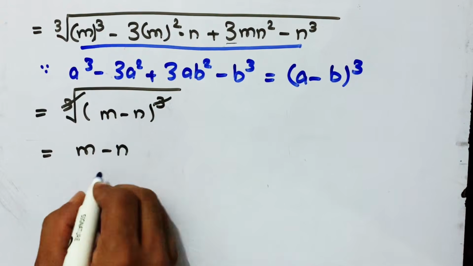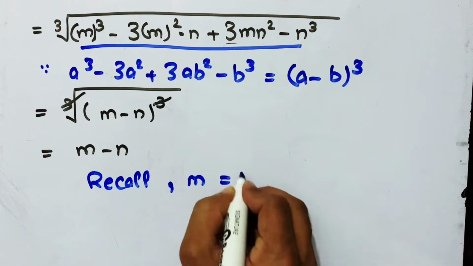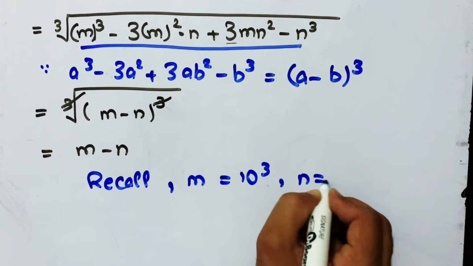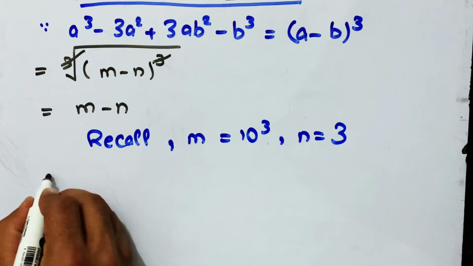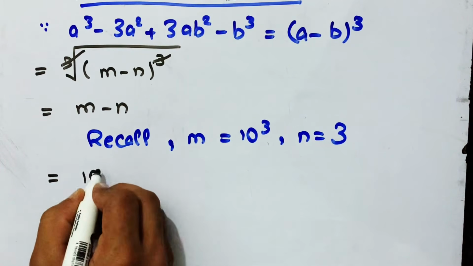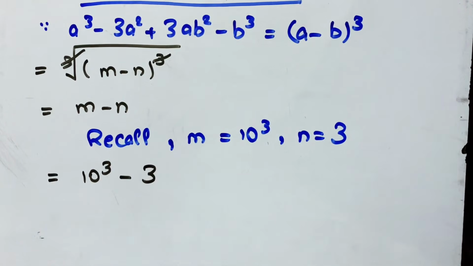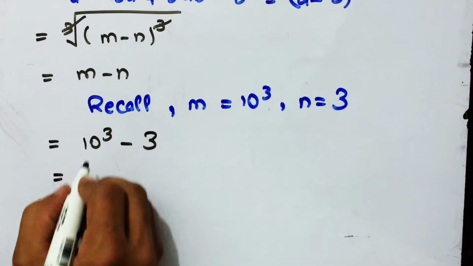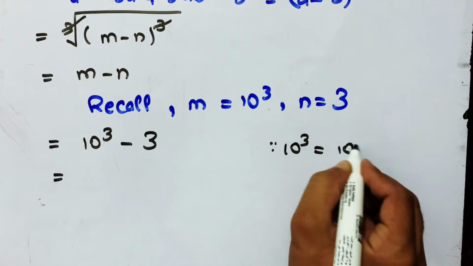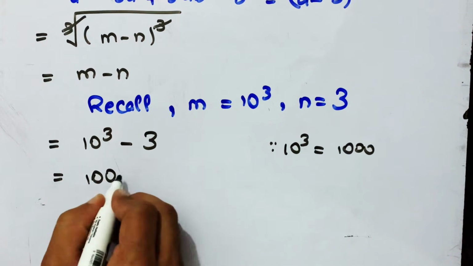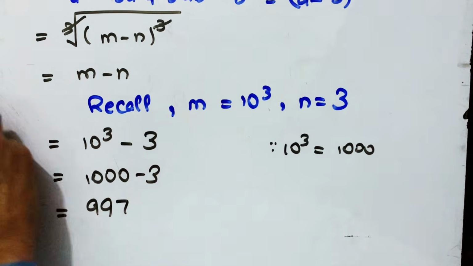Now recall that m is equal to 10 raised to the power 3 and n is equal to 3. So m minus n is 10 raised to the power 3, which is 1000, minus 3, which equals 997.